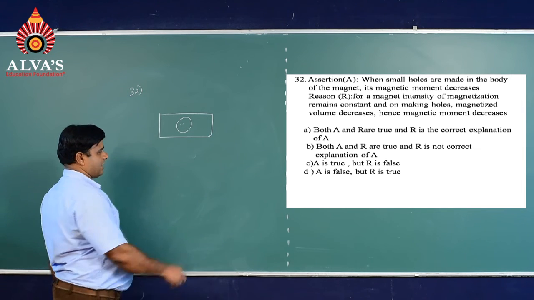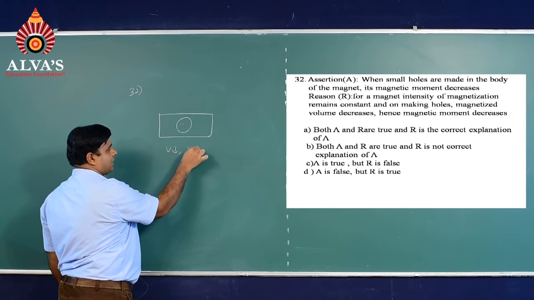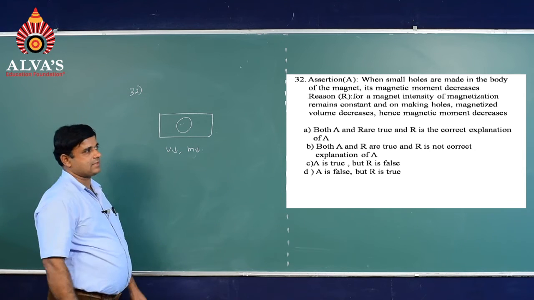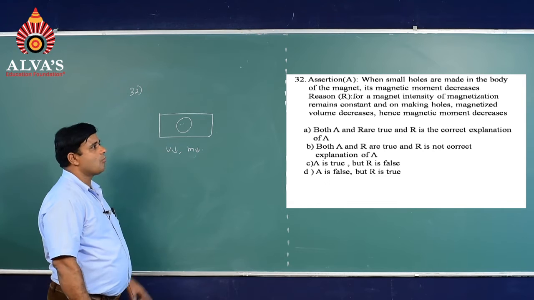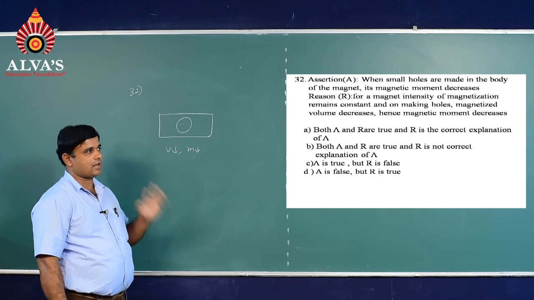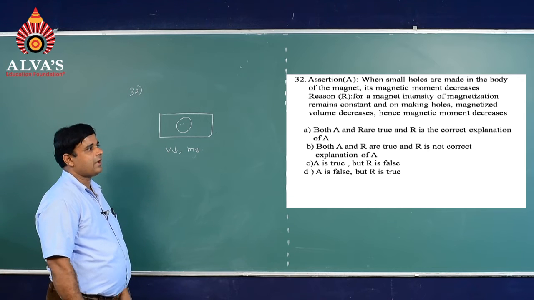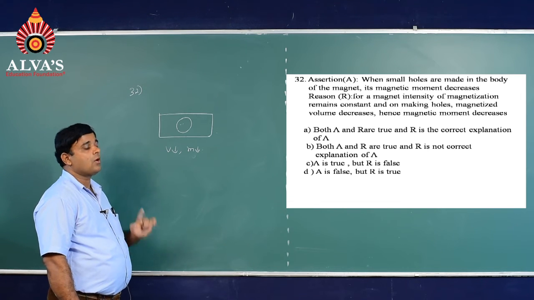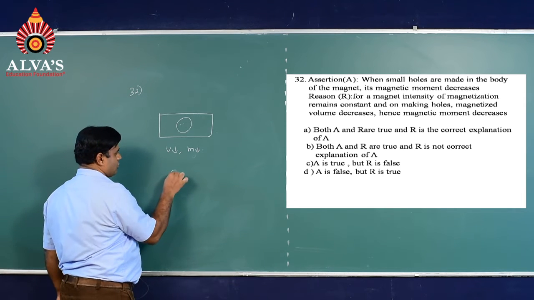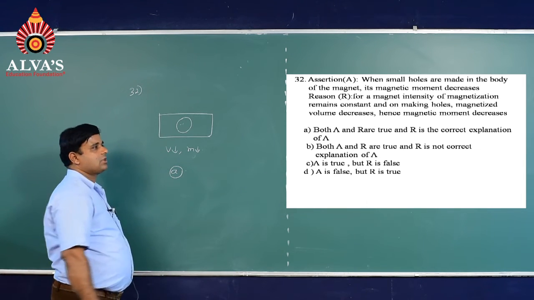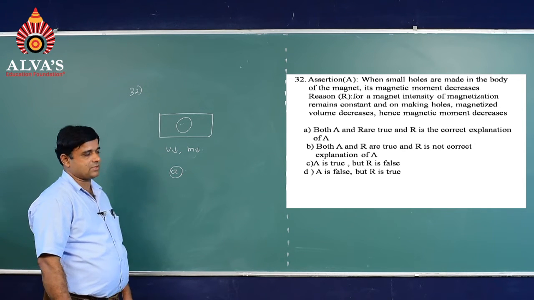So volume V decreases, and magnetic moment decreases. Both assertion and reason are correct, and the reason explains the assertion. So, the answer should be A.